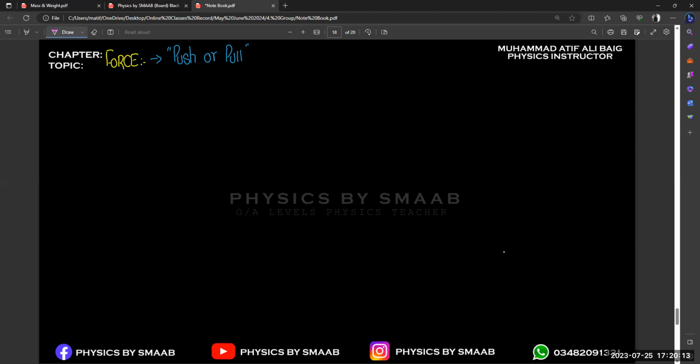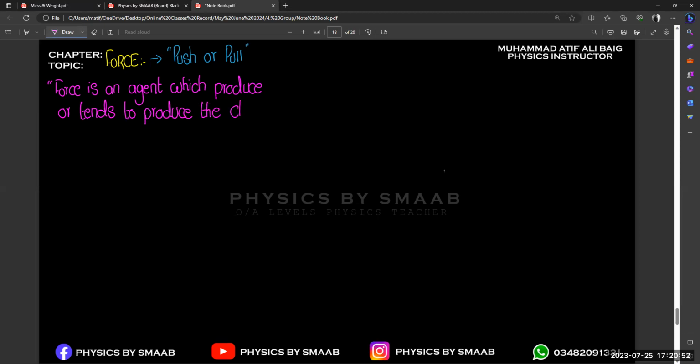So the basic definition for force will be like this: force is an agent which produces or tends to produce the change in the state of a body, right?